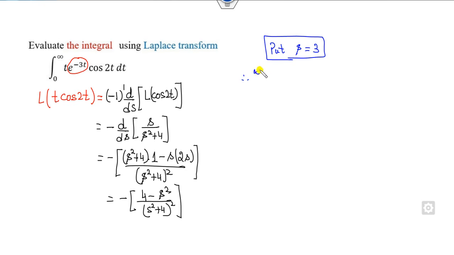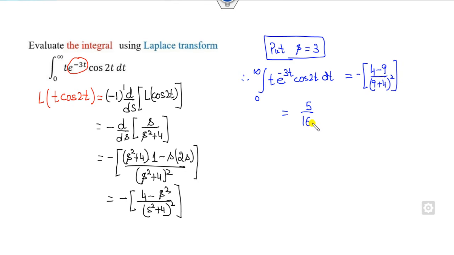Therefore the left hand side becomes the integral from 0 to infinity of t e raised to power minus 3t cos of 2t dt. When you substitute s equal to 3, it is 4 minus 9 over (9 plus 4) whole square, so that is minus 5 over 169.